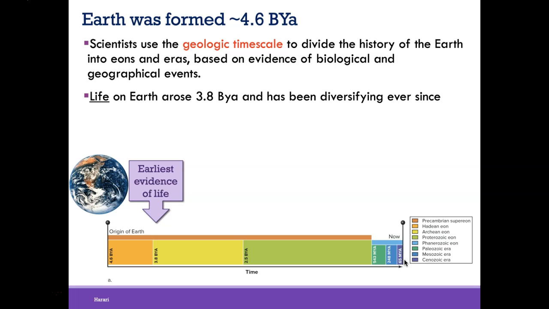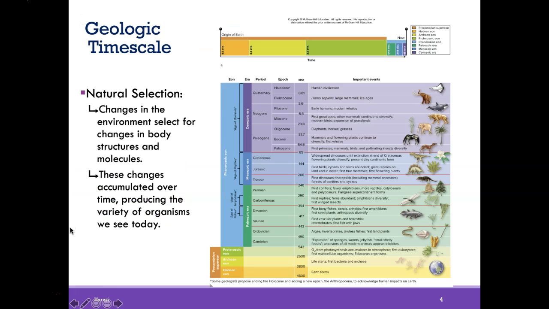The earliest evidence of life is about 3.8 billion years old. So we could say that life on Earth, and these are the first cells, arose 3.8 billion years ago, and life has been diversifying ever since. The millions of species that are alive today did not just pop into existence all at once.